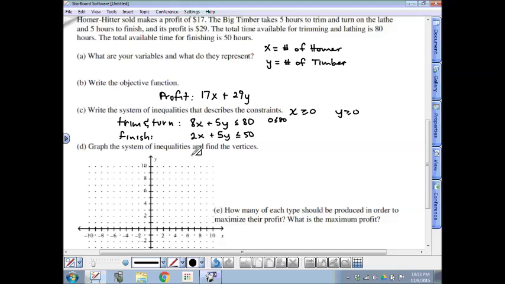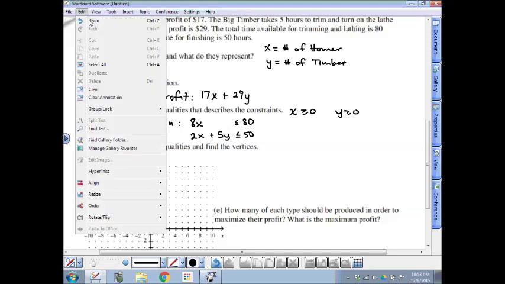So now here for part D, we're graphing the system of inequalities. You don't graph the profit function, you graph the constraints. So starting here, if I want to find the x-intercept, I can let y equal 0, divide both sides by 8, and we get an x-intercept of 10.